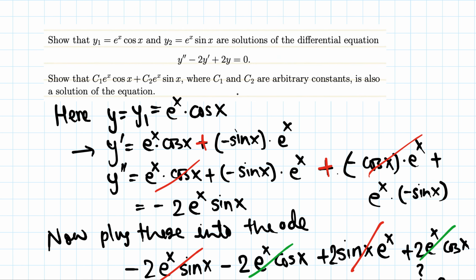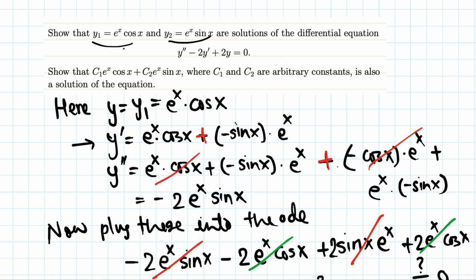And the question also wants us to show a linear combination of these two solutions. By the way, we show individually they are solutions of this ODE. Now the question is asking their linear combination, where C1 and C2 are arbitrary constants, is also a solution.